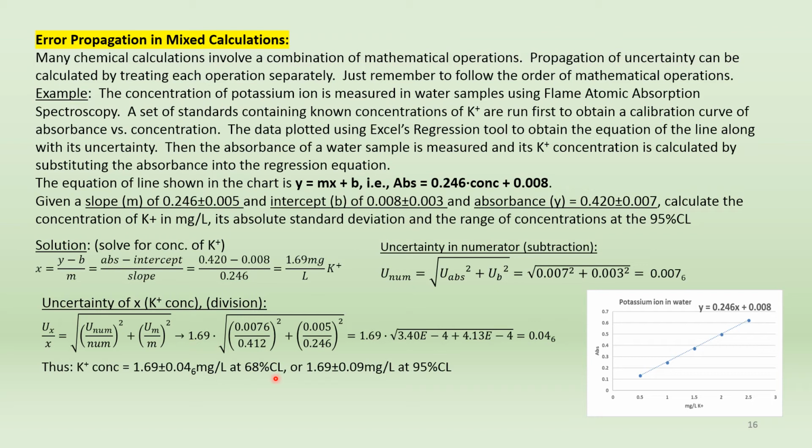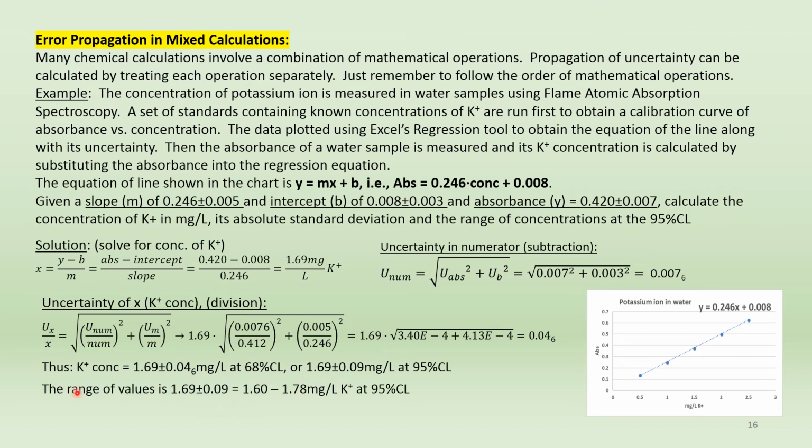I want to calculate it at the 95% confidence level, so I'll multiply 0.046 times 2 and say it's 0.09 plus or minus on the 1.69 milligrams per liter potassium concentration.